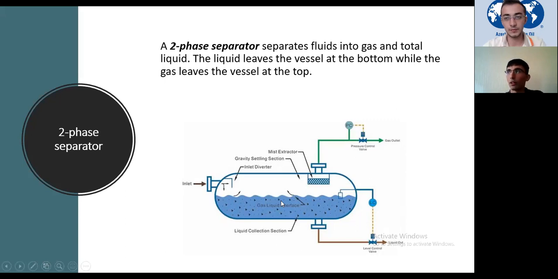You can imagine it as simple as a distillation column where liquid and gas are together and they're separated by temperature and pressure difference. Then the liquid comes out from the bottom side of the unit, based on gravity, and the gas flies up all the way to the top of the column, and then it goes out from that area.